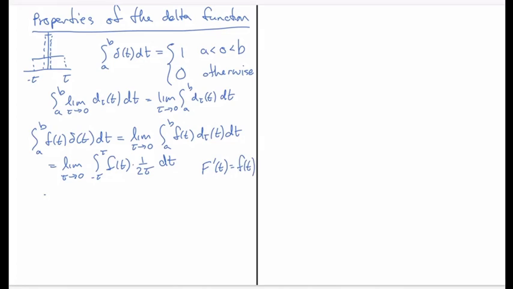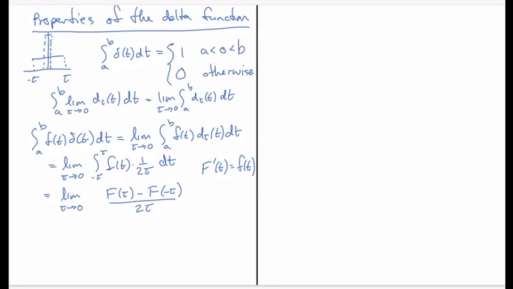That means I can rewrite this as the limit as tau goes to 0 of capital F evaluated at tau minus capital F evaluated at minus tau, all divided by 2 tau. This may look a little different from the definition of a derivative that you've seen before, but it's basically going a distance h in both directions and taking the limit as h goes to 0 instead of just going a distance h in one direction.